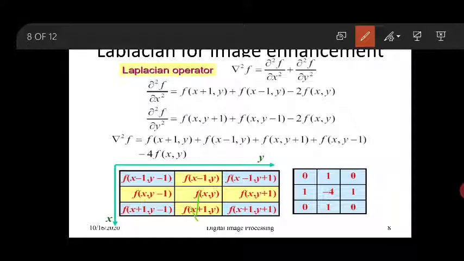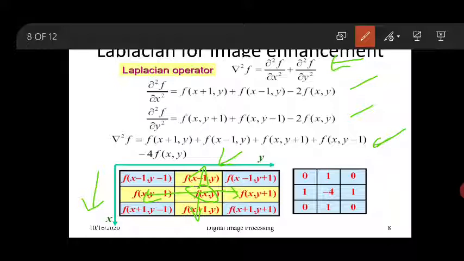Along this way with respect to x axis, it is minus 2 f of x y. Similarly, for dou square f, the differentiation with respect to y, along the direction of this way, because y is represented in this fashion. Now you substitute both the equations into the above equation, you will end up here, the final answer in this fashion.